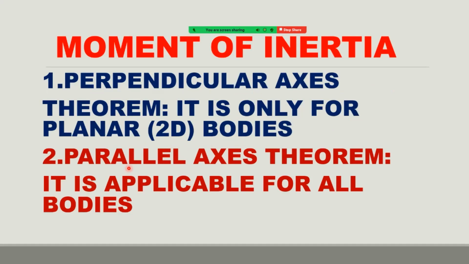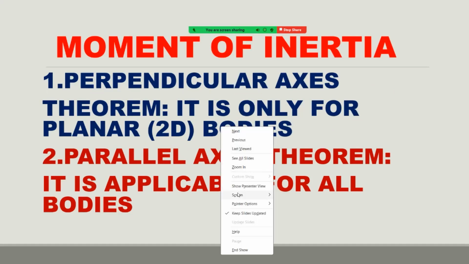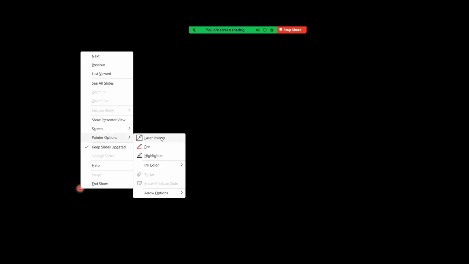The parallel axis theorem is for all bodies, two-dimensional and three-dimensional. Let us now discuss in detail. First, the perpendicular axis theorem.